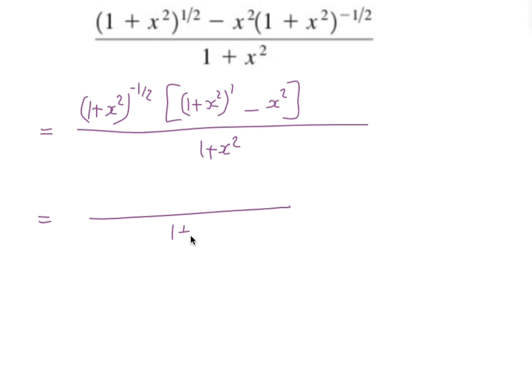So 1 plus x square, and 1 plus x square to the power negative 1 upon 2, and in this one, the power 1, we can write simply 1 plus x square, and this is minus x square.